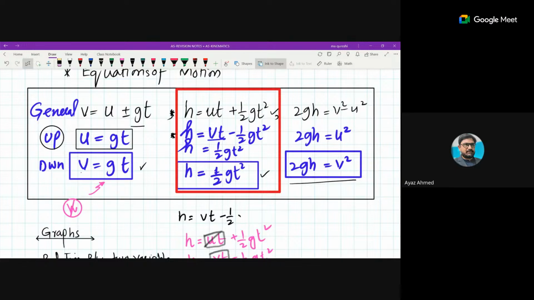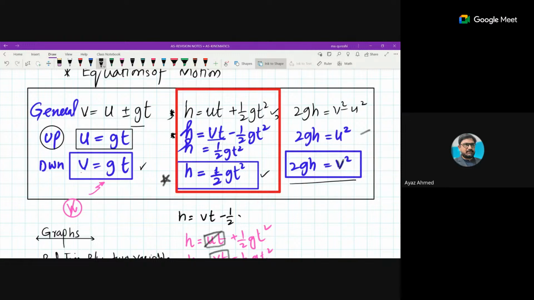These equations are really helpful to find out the relations of height and time, height and velocity, and all that. Keep in mind the equation 2gh equals v square minus u square: that is 2gh equals u square if v is 0, and 2gh equals v square if u is 0.